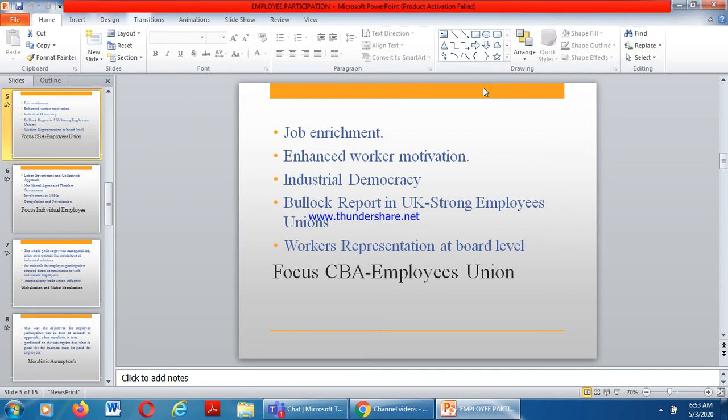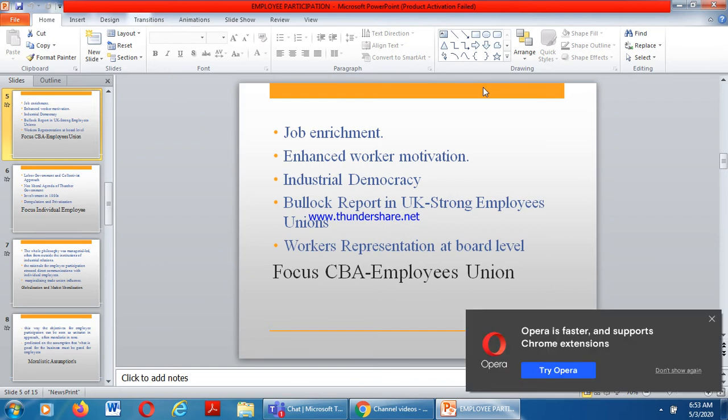Like in Pakistan, we see the example of Pakistan Tobacco Company, Unilever, or what we call Lexan, Philip Morris. And there are so many other organizations where due to participation their performance has increased very much.